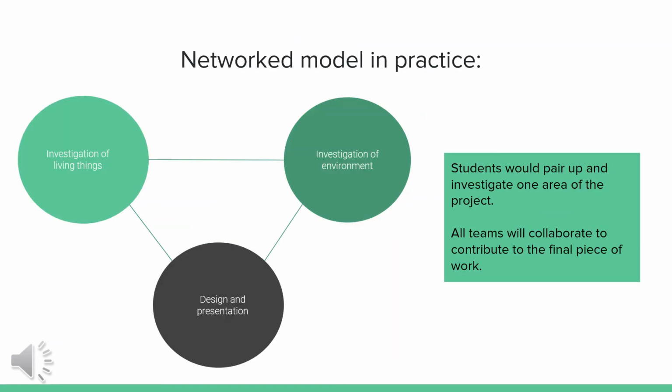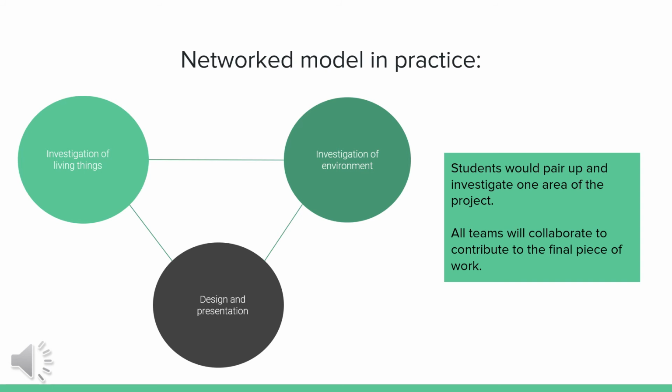The networked model in practice would include the same year level, year 4, and the same content areas of science, HASS, English, and information and communication technologies in the general capabilities strand. In the networked model, students would pair up and investigate their area of expertise.